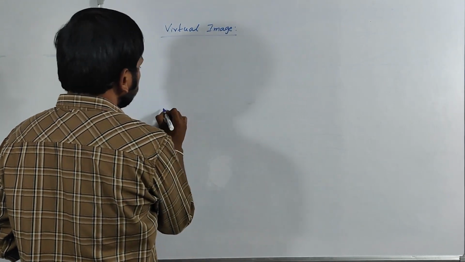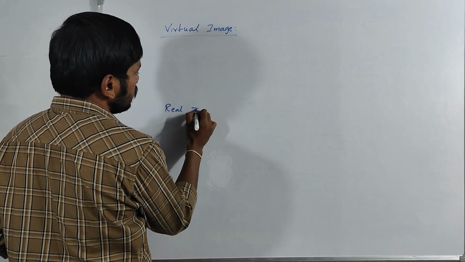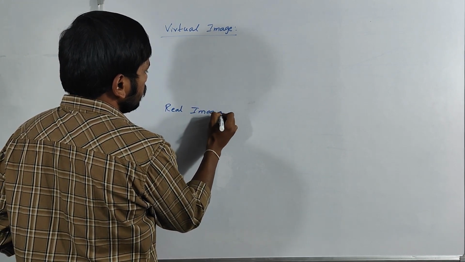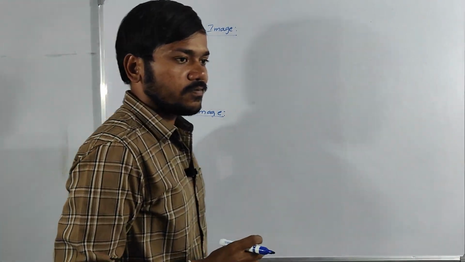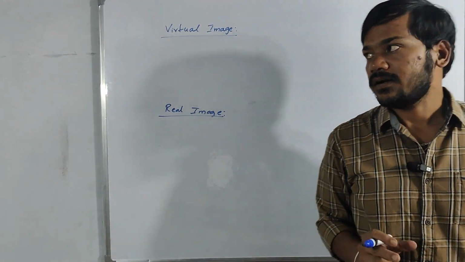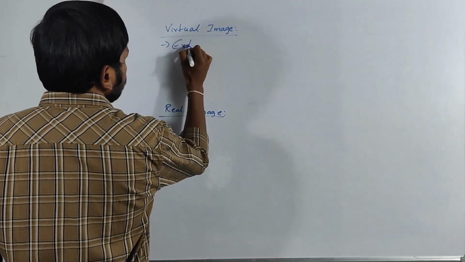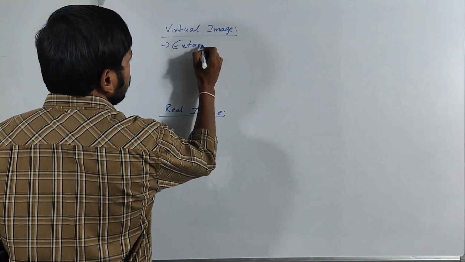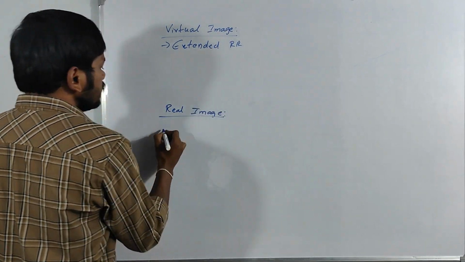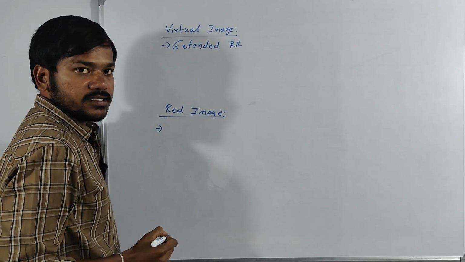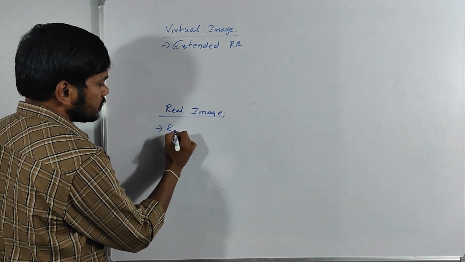What is a virtual image and what is a real image? By definition, a virtual image is formed whenever the extended reflected rays meet or intersect. A real image is formed due to the intersection of real reflected rays.